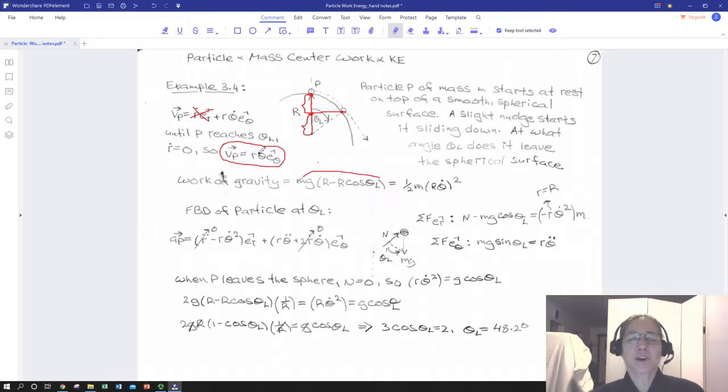Then we can write an expression for kinetic energy using the magnitude of our particle velocity at any theta. So square this, multiply by m over 2, put in the actual radius, capital R, of the path. So here's our KE and our PE.